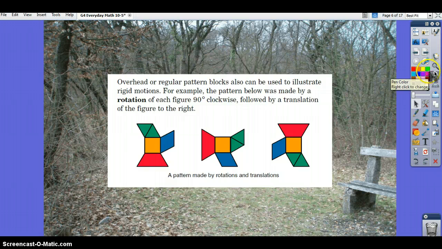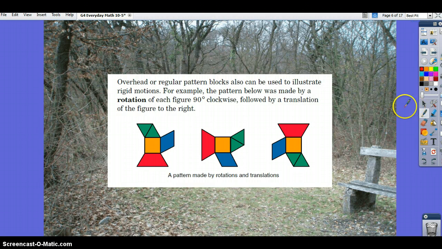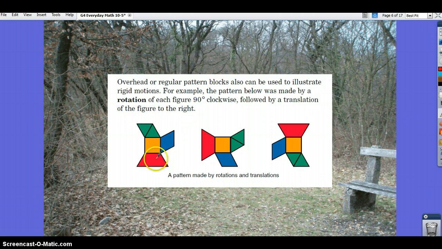You can see here regular pattern blocks can also be used to illustrate rigid motions. For example, the pattern below was made by a rotation of each figure by 90 degrees clockwise, followed by a translation. So what we're saying is, see how here we have the trapezoid shape.